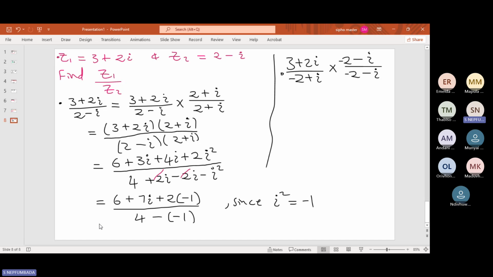Then when we simplify, we're going to have what? Let me proceed on our right hand side.